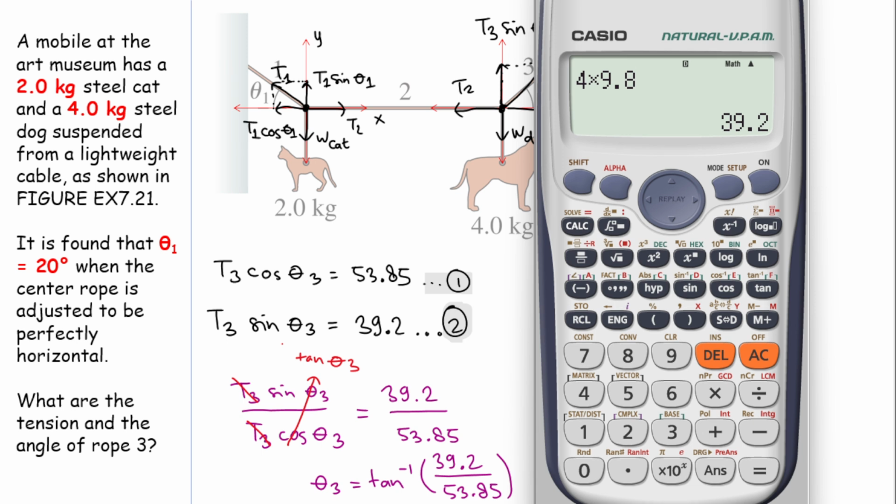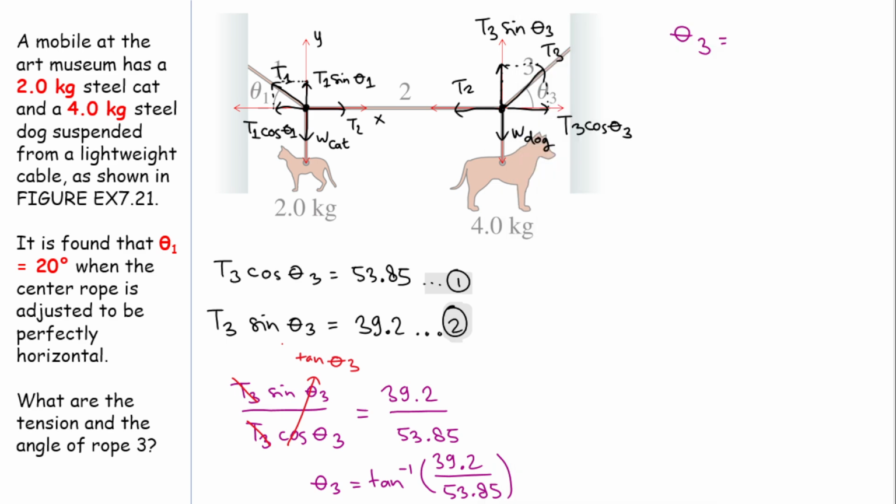So that will be shift inverse tangent of 39.2 divided by 53.85, and that will be 36.05, and the unit here will be degrees. So that is the angle, right? We will have this as our answer, which is the angle of rope 3.